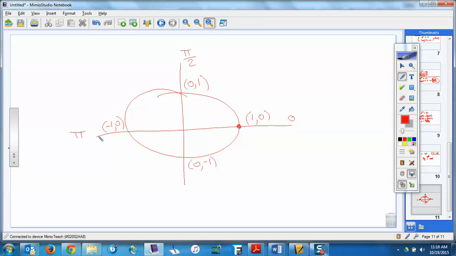Pi is 180 degrees. Everything's going this way, remember. 3 pi over 2, which is 270. This is 90. And all those trig values and those kind of things. Now maybe some triangles to remember. 30, 60, 1/2.